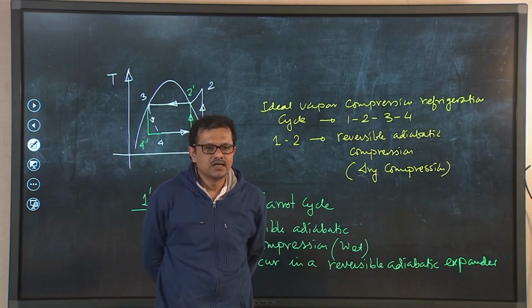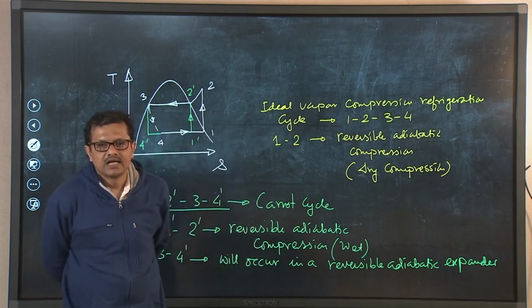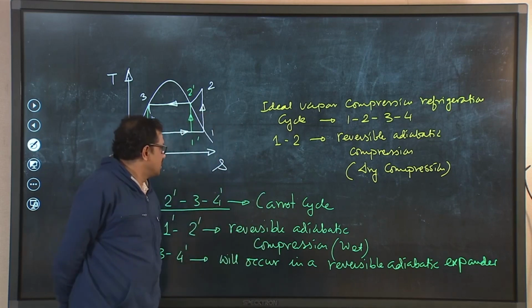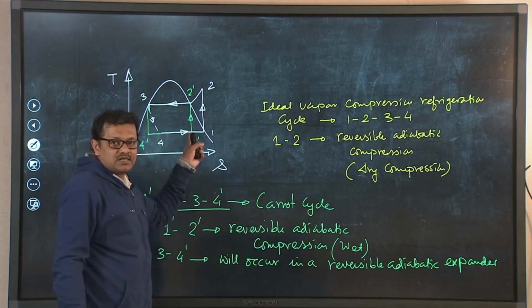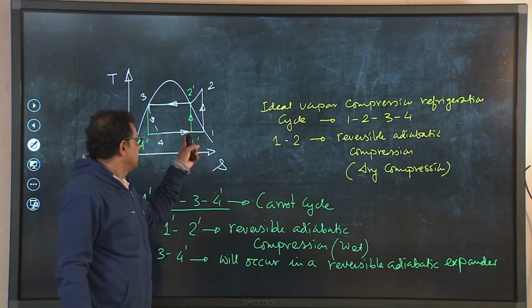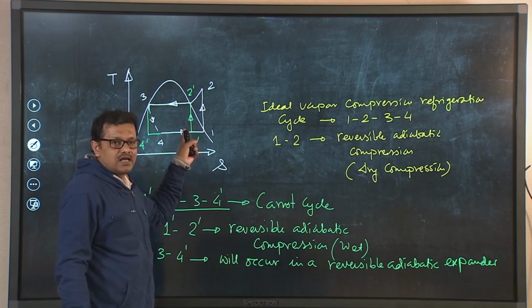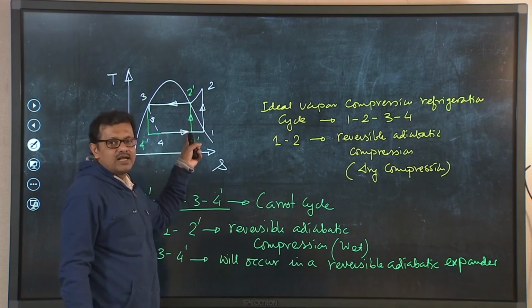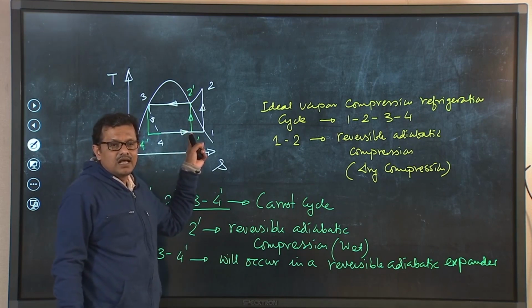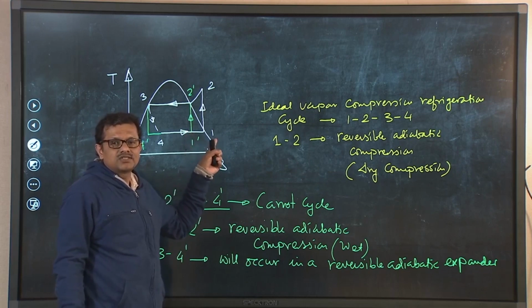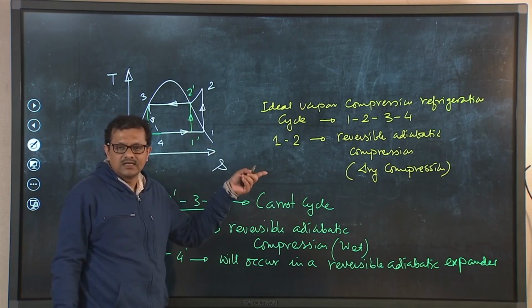What is this? First of all, since had we considered Carnot cycle, in this case the compressor needs to handle two phase mixture, and liquid and vapor, these two are having different compressibility.